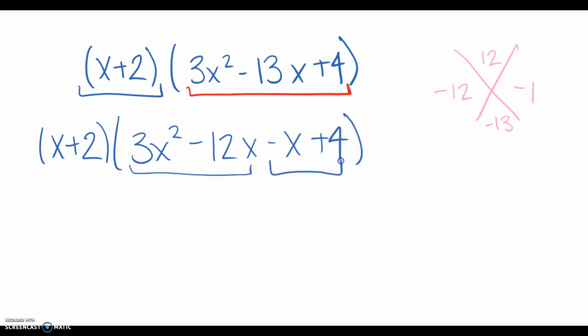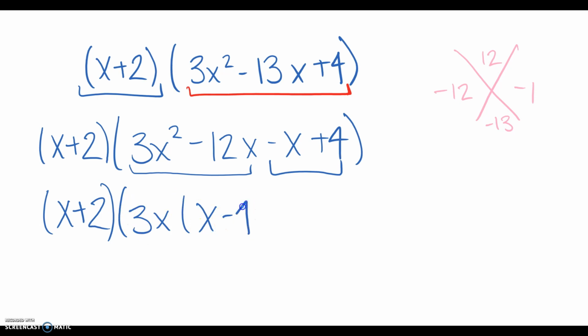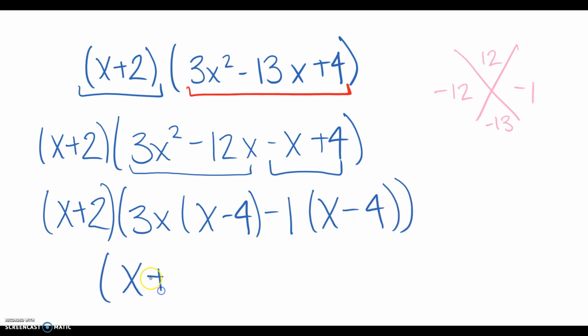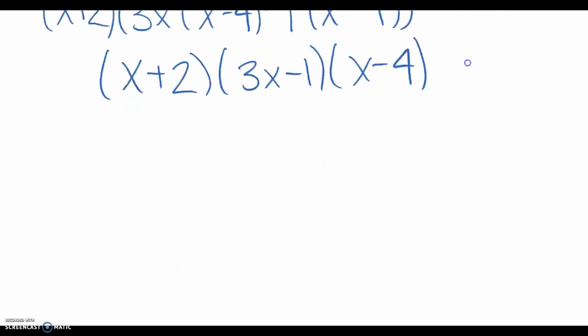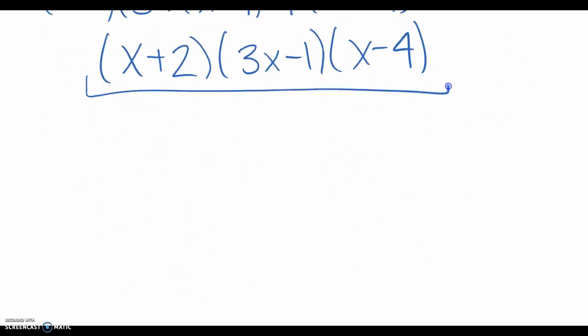Separate this into groups. Take out the greatest common factor, so we'll have 3x times x minus 4 minus 1 times x minus 4. And our final factors are going to be x plus 2 times 3x minus 1 times x minus 4. So now these are our factors, but we were asked to find rational zeros.